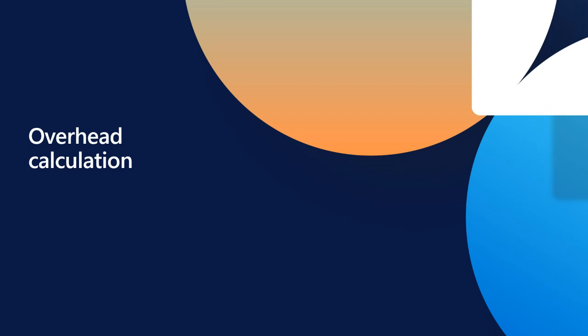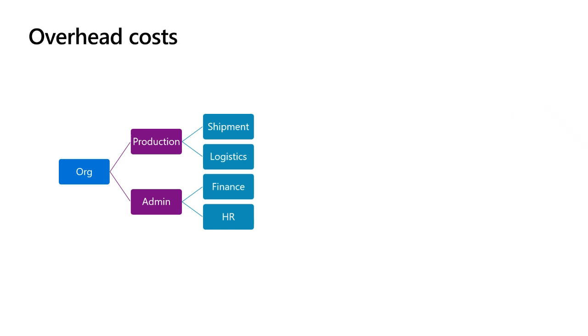Now let's get into the details of today's topic, which is overhead calculation. First, let's explain what overhead costs are. Overhead cost refers to costs that are not directly traceable to a specific cost center, product, service, or department, but are necessary to support the overall production or operation.